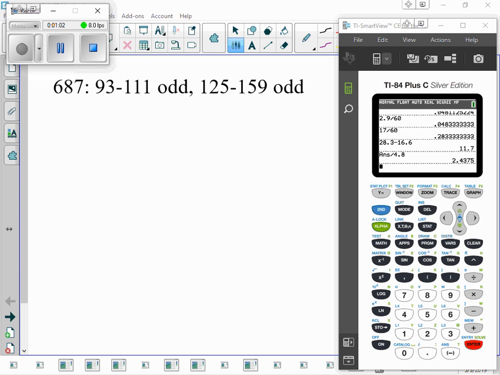Same with the next group. So look at number 101. When is the arc cotangent equal to root 3 over 3? Well, what values for sine and cosine would give us root 3 over 3? So basically we're doing the cotangent inverse is equal to root 3 over 3.